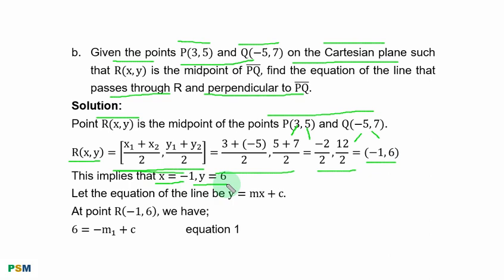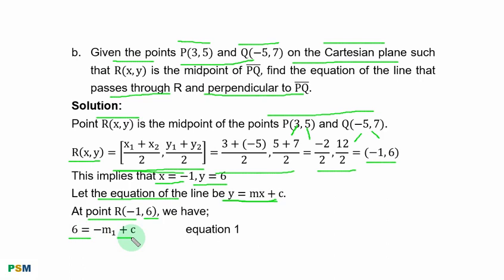That is point R. Let the equation of the line be y equal to mx plus c. At point R, x is minus 1, y is 6. If you put them in this equation, you have 6 equal to minus m plus c.